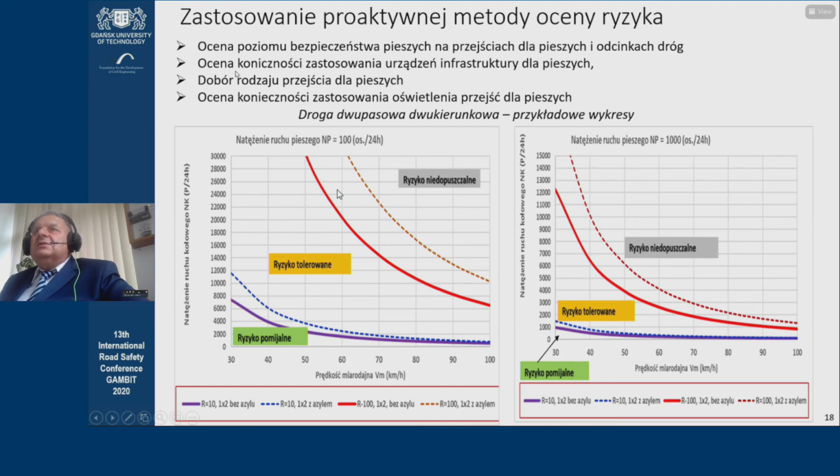And so we use this method for pedestrian crossings, for road sections, for pedestrian infrastructure, for selecting pedestrian crossings, and for checking lighting on pedestrian crossings. Like, let's say we have 100. This is the volume, and this is 1,000 on the right-hand side. And then reference speed versus traffic volume.